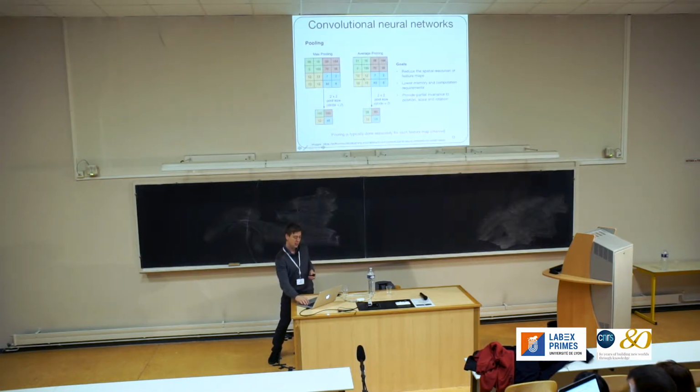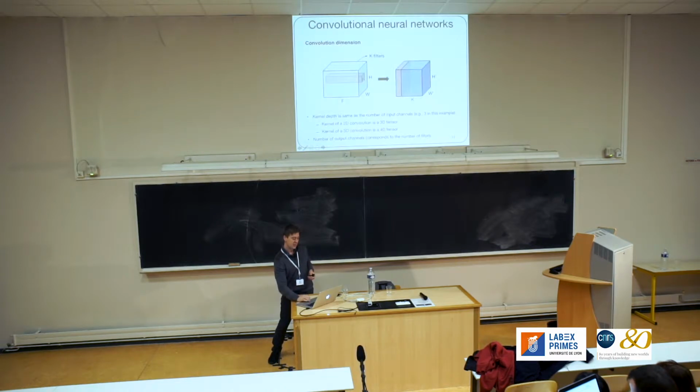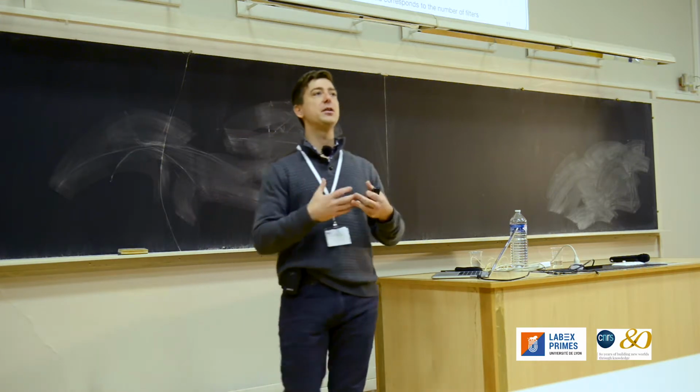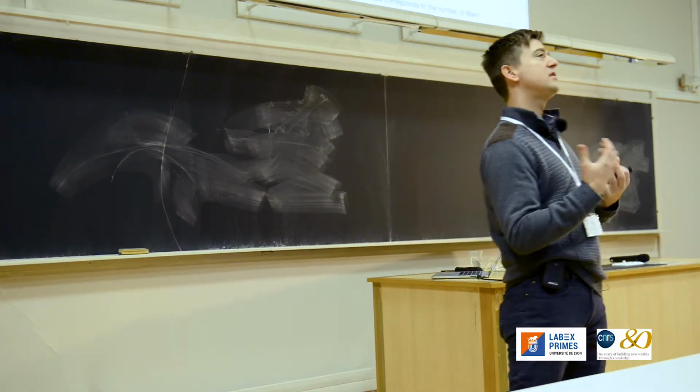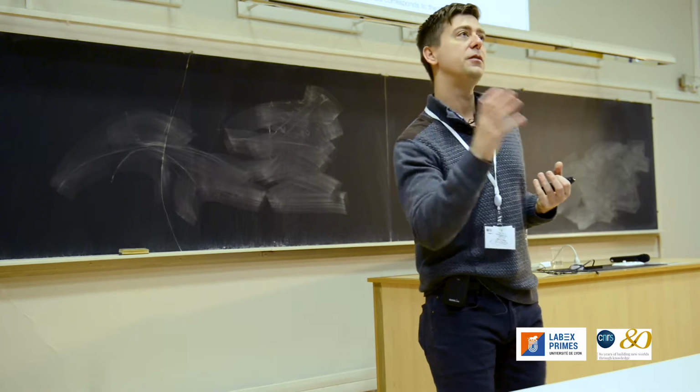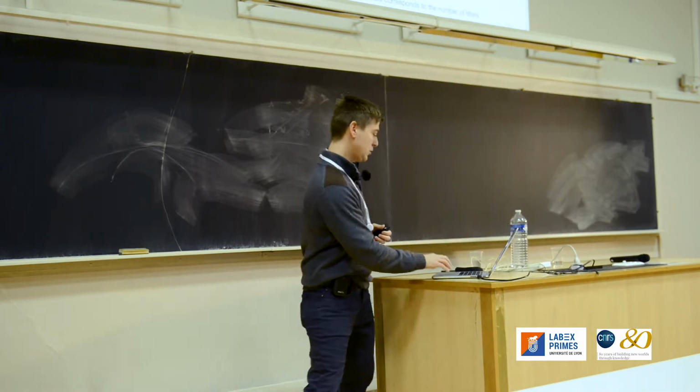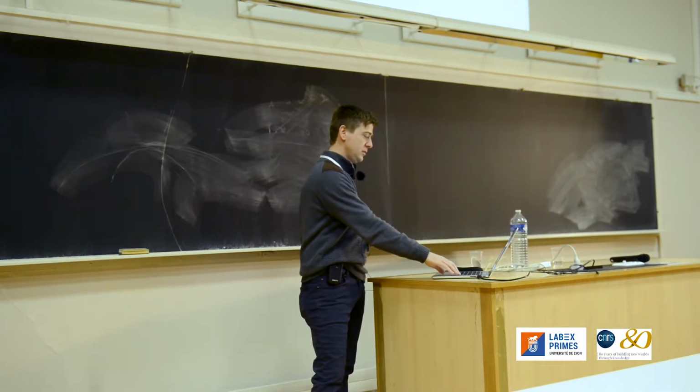But when I do pooling, I do pooling for this channel, and then for this channel, and then for this channel, etc. Imagine the channels represent very different things. It doesn't necessarily make sense to take the maximum of different things. That's another difference.